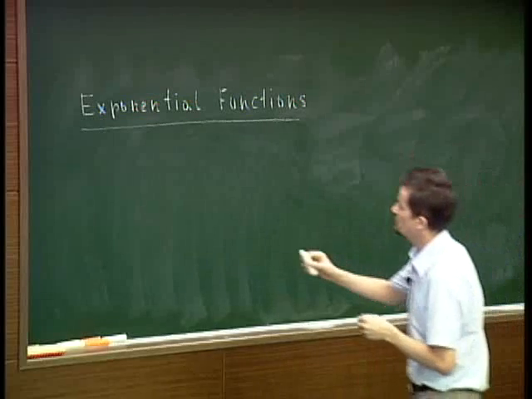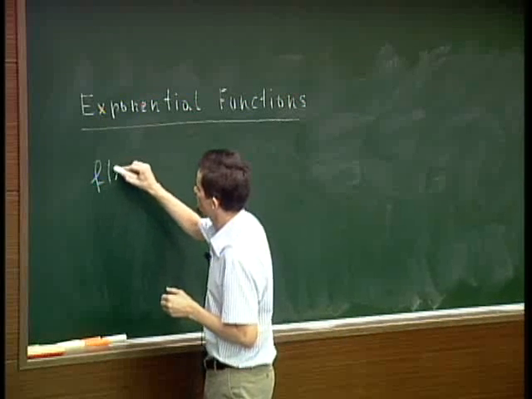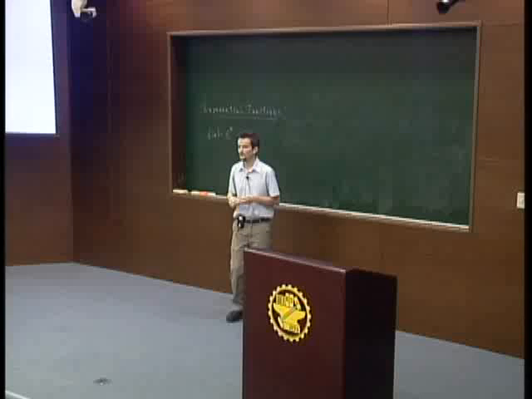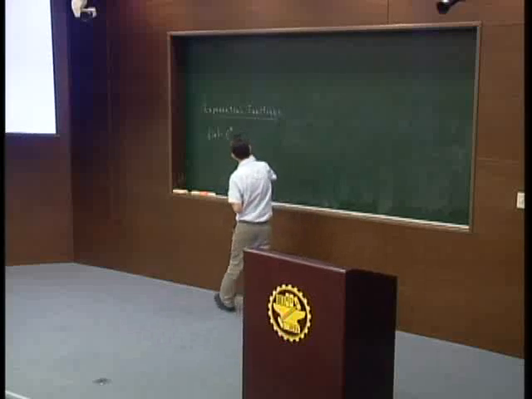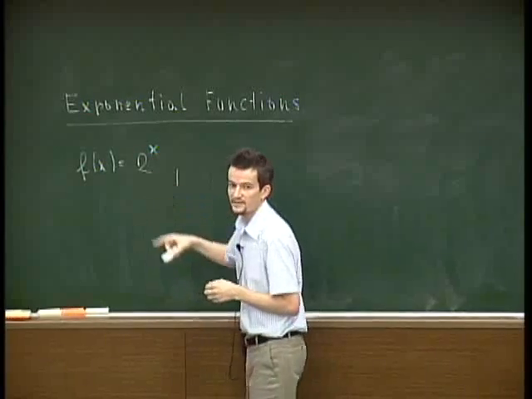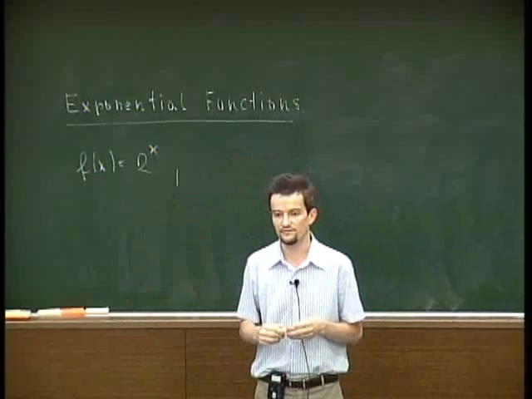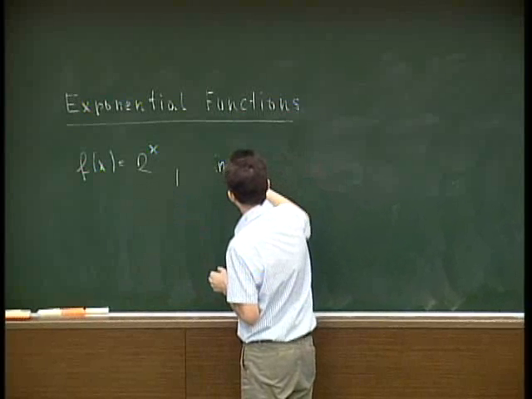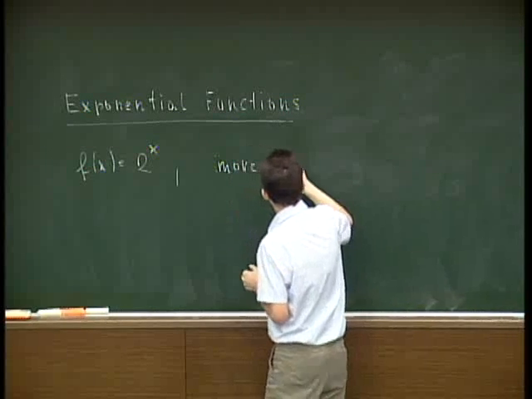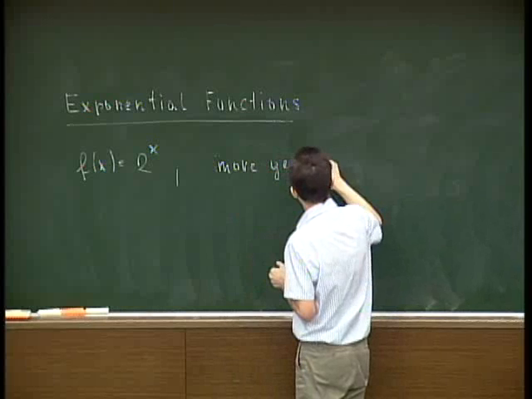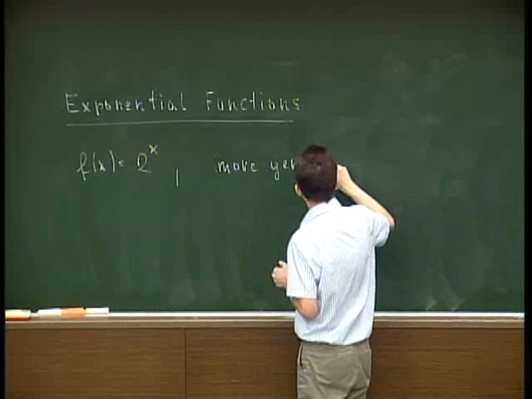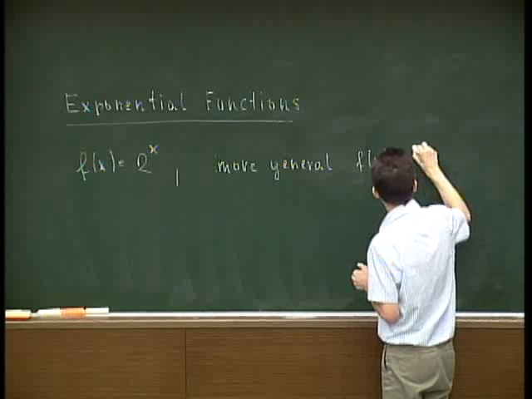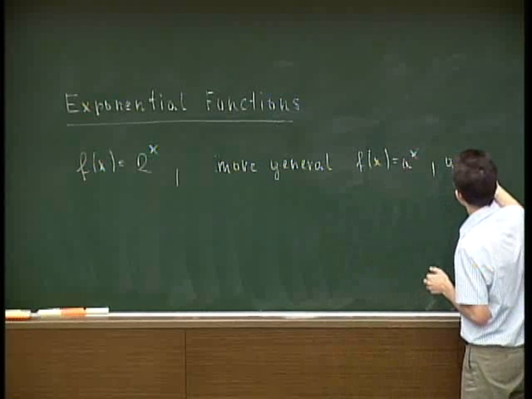So one example for an exponential function is, for instance, the function 2 to the x. Or more generally, you replace 2 by any number which is positive. So more generally, a to the x, where a is larger than 0.